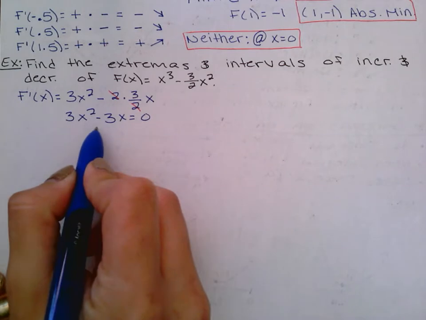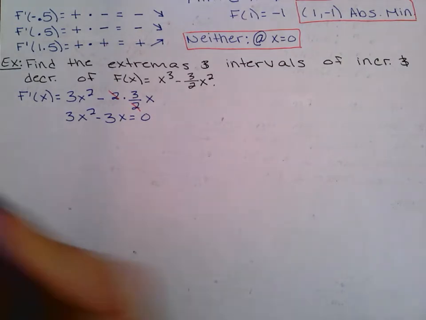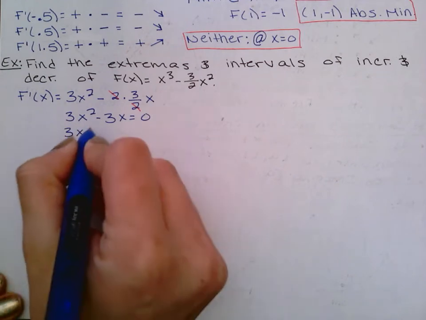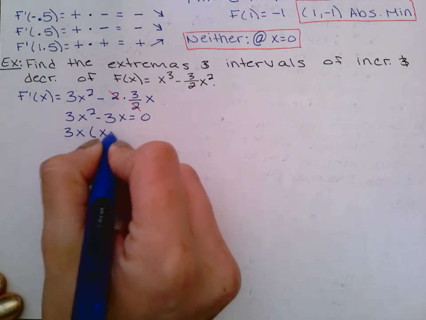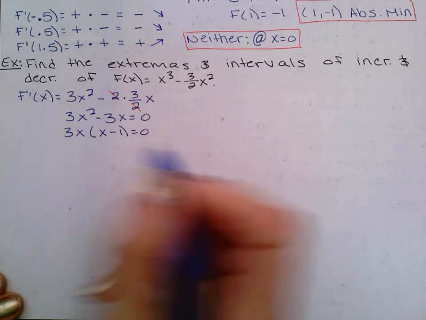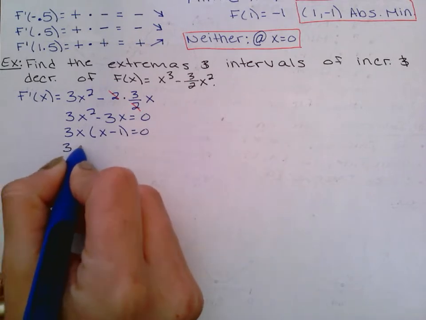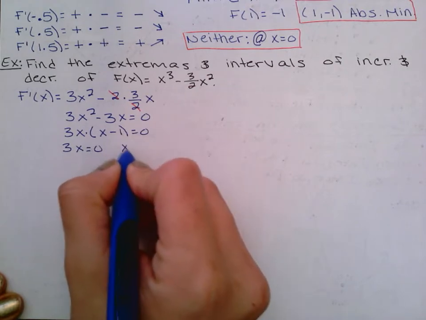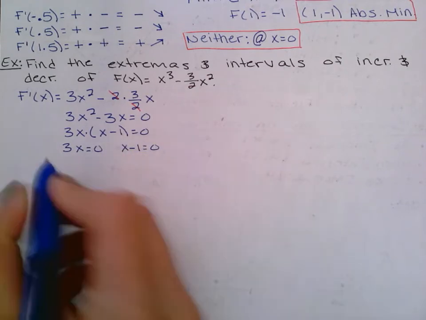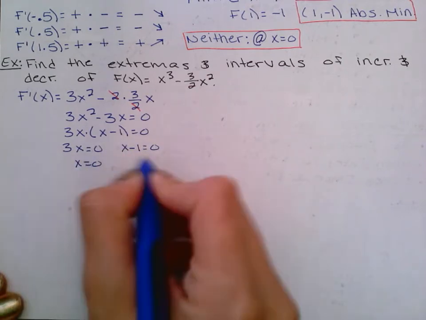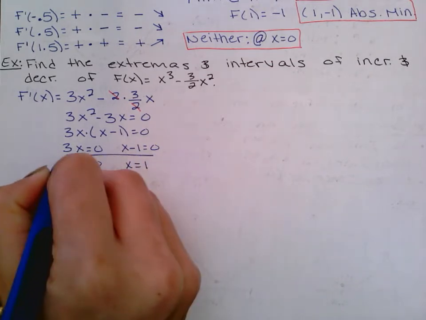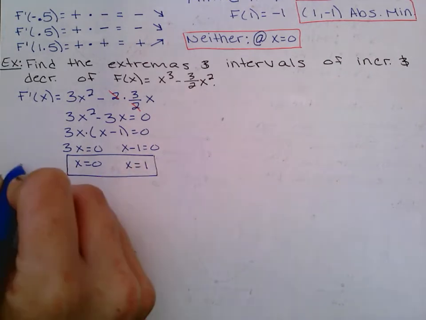I have a 3 in common and an x in common. So I can say 3x times x minus 1 equals 0. Okay? Since they're separated by multiplication, I can set each equal to 0. And would you look at that? I ended up with the same exact critical numbers.